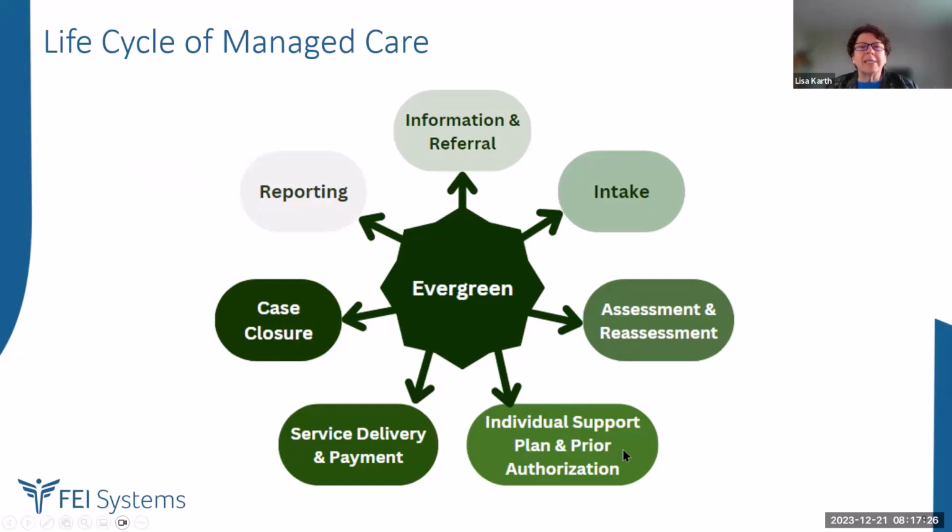Once that assessment is done, then it comes time for the individual support plan. And this is where you're going to determine, just like you do today, your strategy on the services and supports the person will receive to help them live their best possible life. From that is going to come the prior authorization.